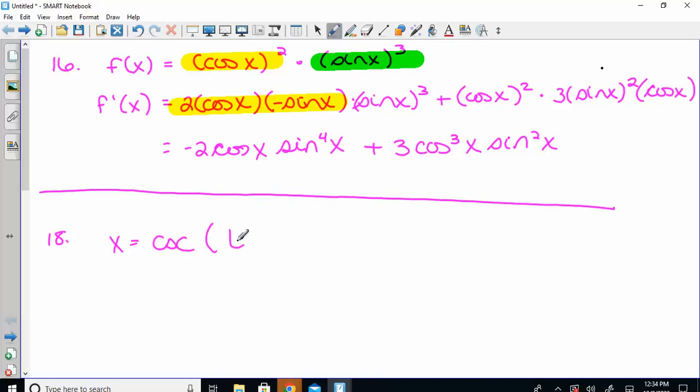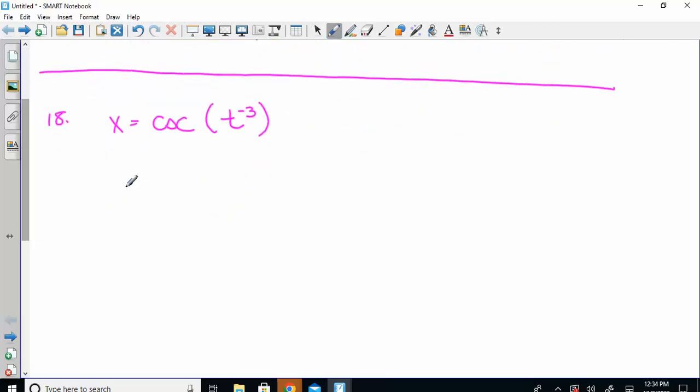Okay, 1 over t cubed, I'm going to write that as t to the negative third. So then the derivative. Again, this is a chain rule because we have an outside function, the cosecant, and we have an inside function, the t cubed. So we start on the outside. What is the derivative of cosecant?